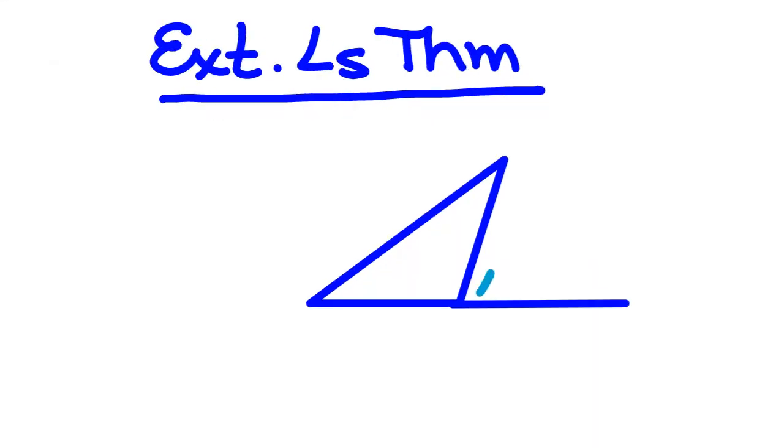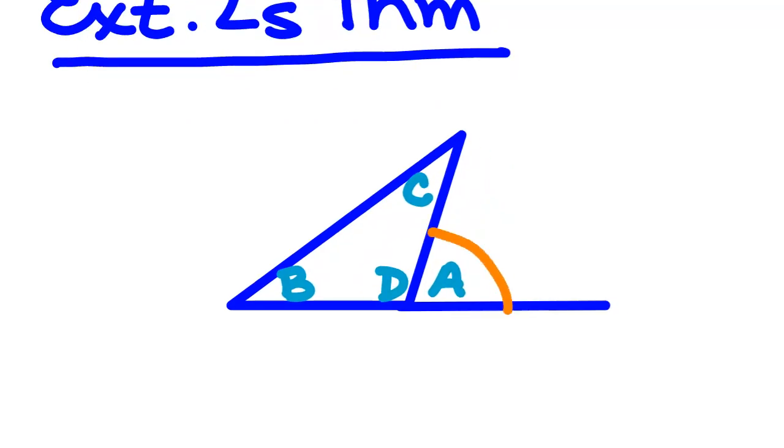I'm going to call this angle A, angle B, and angle C. Call this one down here angle D. So that way I've got all my angles labeled. Is angle A over here an interior angle or an exterior angle? Inside or outside? Exterior.